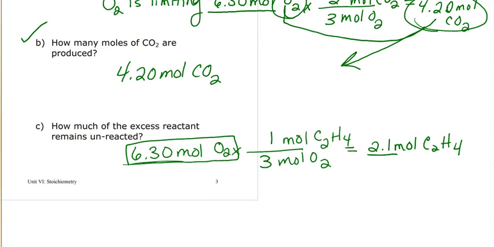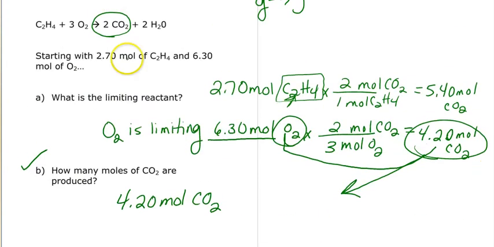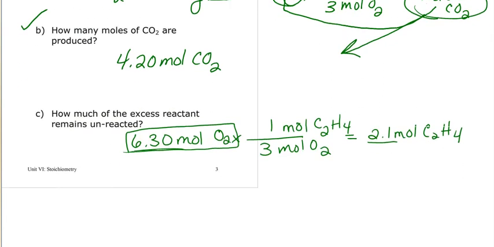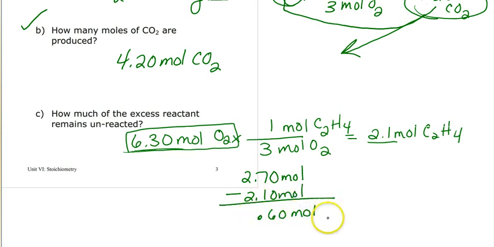And how much did I actually have in the lab? Up here, that's what you would look at. And so I'm going to just simply take how much I actually have on hand and minus that from 2.10 to get 0.60 moles of C2H4. Okay? And that would be how much excess.